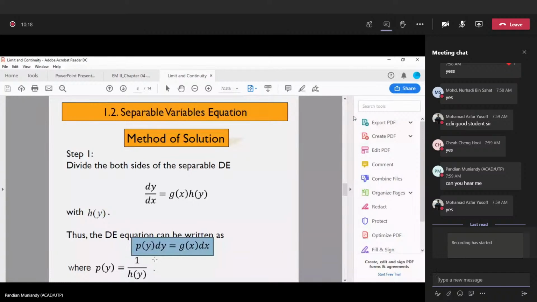So no fraction. We want to write without fraction. So p(y) dy equals g(x) dx. That means we don't write 1 over h(y) dy. So we write p(y) dy equals g(x) dx.